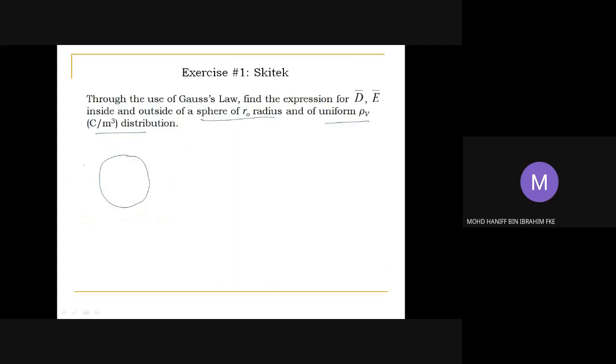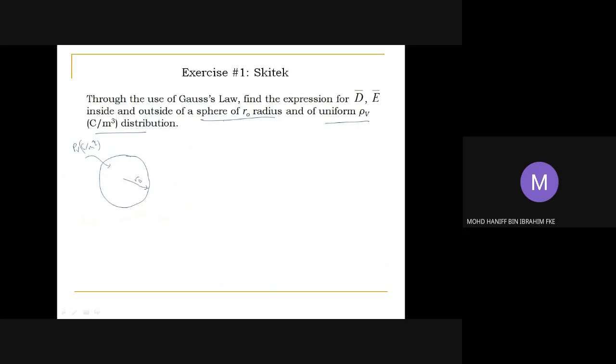That is our charge, having a radius of R0, and the density of charge is rho v coulombs per meter cubed. This is a volume charge distribution, which means that the charges fill all the space inside this particular sphere.